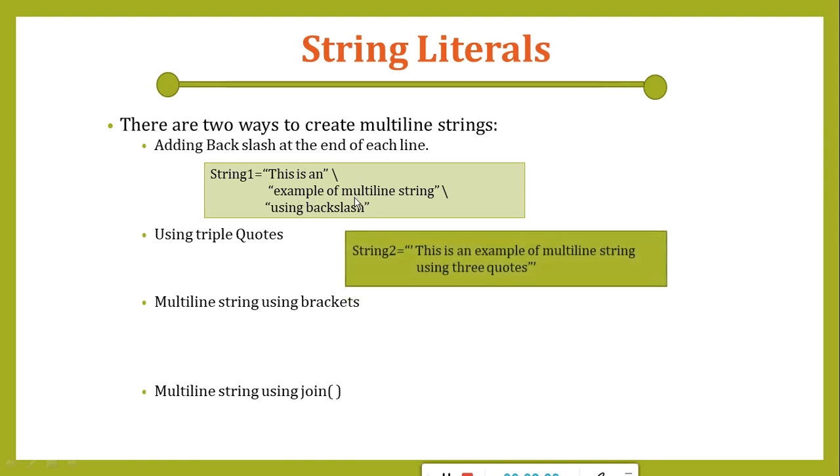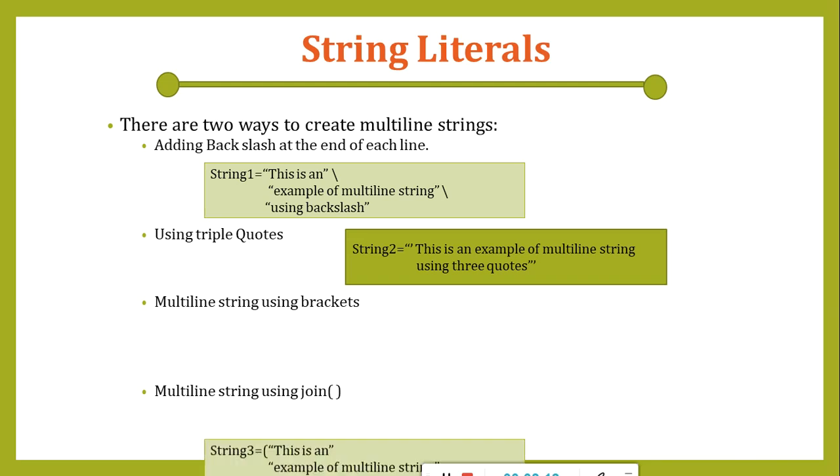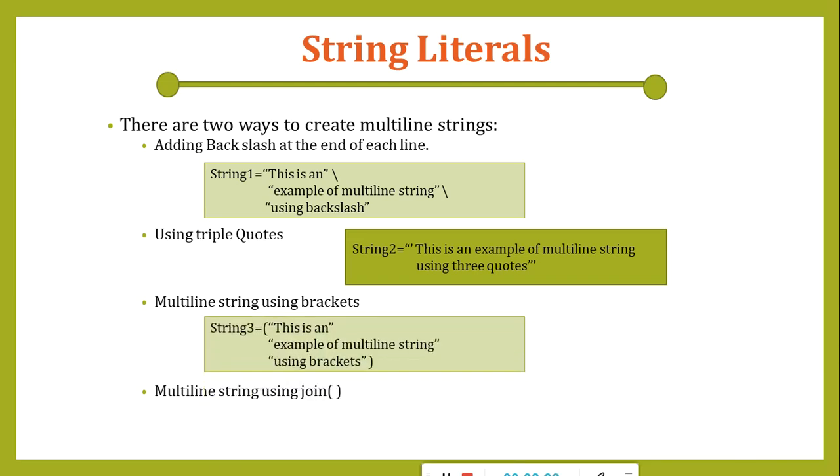Using triple quotes, the same thing is repeated: triple quotes can also be used to give multi-line string literals, and there is no need to use a backslash. Next, we can also use brackets to show multi-line strings. Here, instead of using a backslash, we put the strings within the brackets.